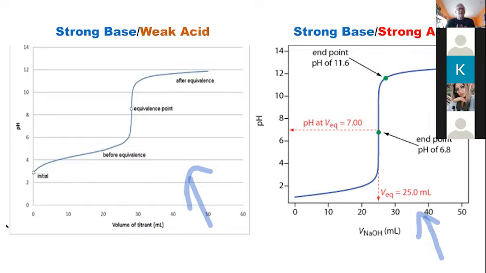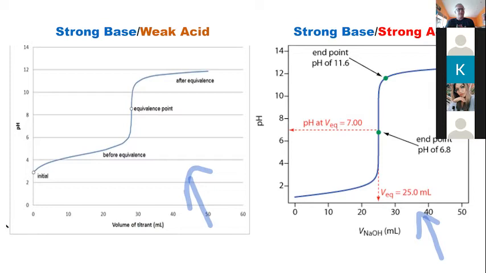What's the pH at the beginning for both? Compare the pH at the very beginning of our titration for the weak acid and the strong acid.